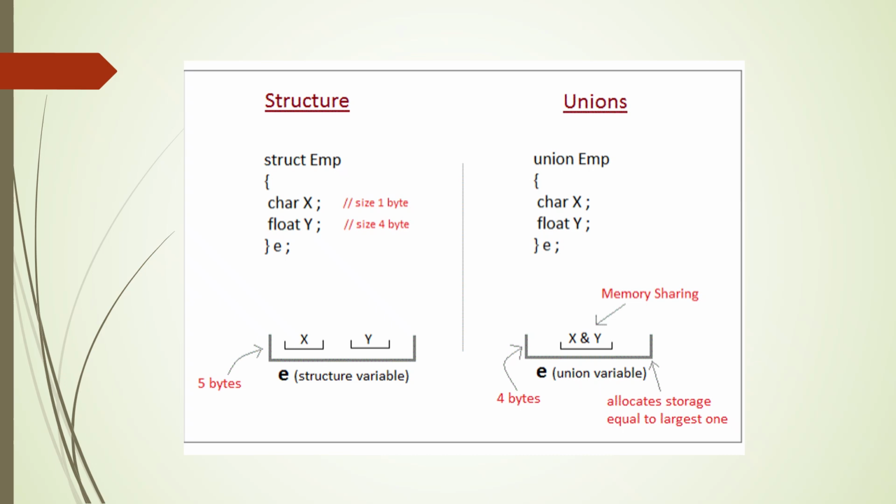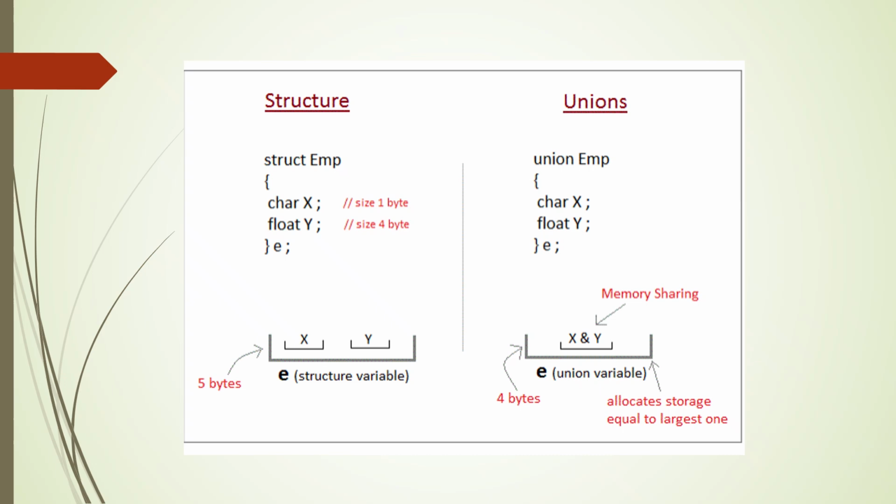So now let us understand the memory concept more clearly. In a structure, if you have multiple members like integer, float, and character array, memory is allocated separately for each of them. So, all the values can be stored and accessed at the same time. But in a union, all the members share the same memory location. The total size of the union is equal to the size of its largest member.